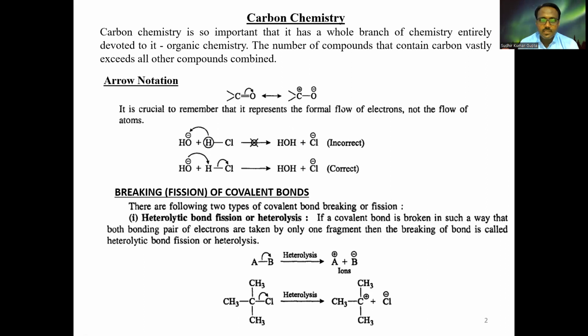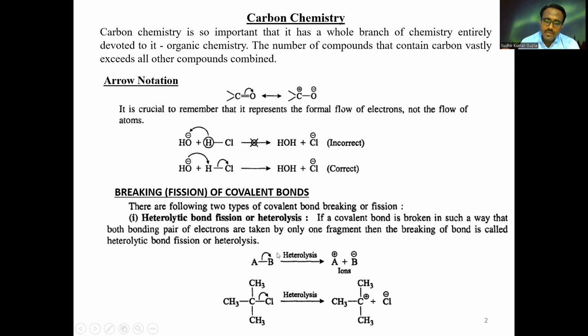Okay. Now, as we already know, when a bond is cleaved, it can be fissioned in two ways: a heterolytic cleavage or a homolytic cleavage. Heterolytic cleavage is when a covalent bond is broken in such a way that both electrons of the pair are taken by one fragment itself.